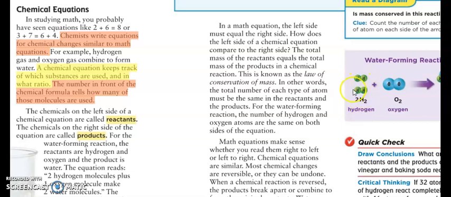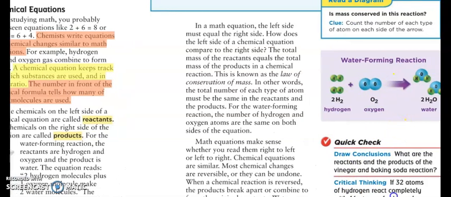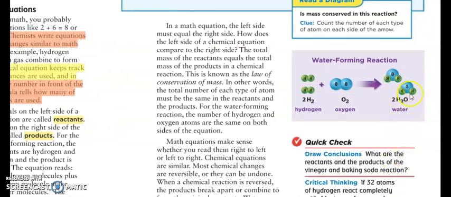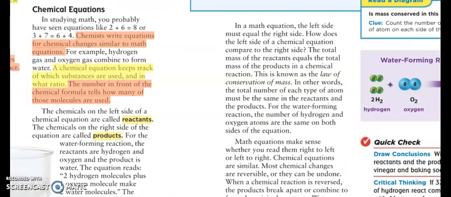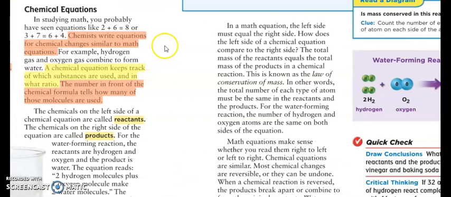I don't have any number here, which means I have only one molecule of O2, and it will give me two molecules of water. Look over here: molecules here are the same as the atoms for the element. The molecule is the smallest part of a compound that still represents this compound.